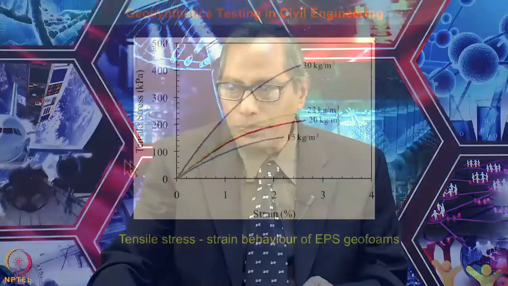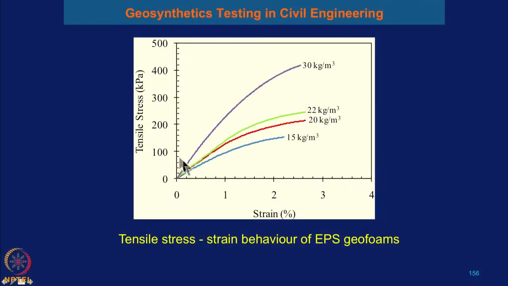From this test on the tensile strength of the EPS geofoam material, you can draw a relationship between the tensile strength and the strain value. I am showing you some curves. This is the figure, tensile stress versus strain behavior of EPS geofoam.